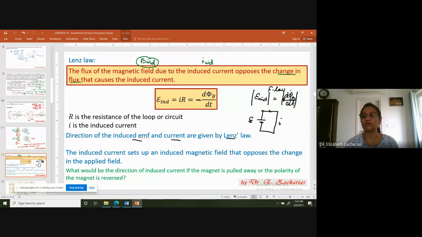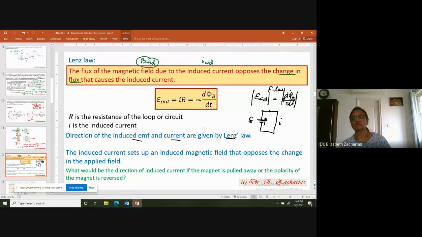It will be clockwise. So this EMF direction is this. What does this arrow mean? It is driving the current in this direction. So this is the higher potential, this is the lower potential. From a higher potential, the current flows through the wire to the lower potential. So this is the meaning of the sign of the induced EMF.